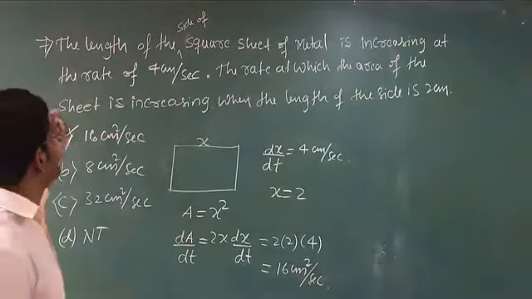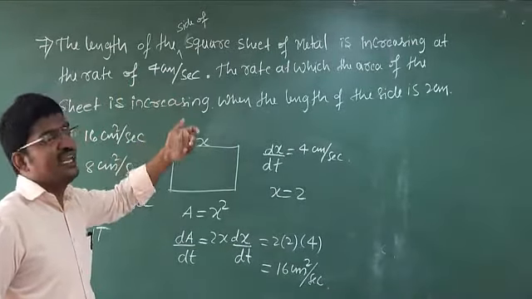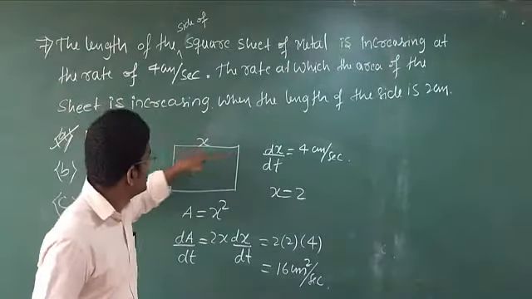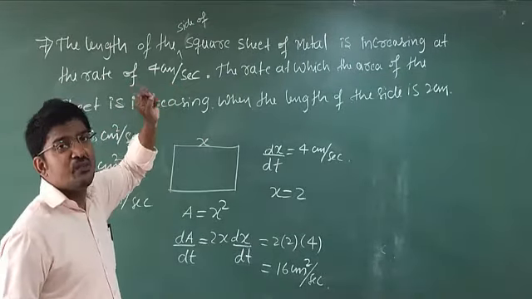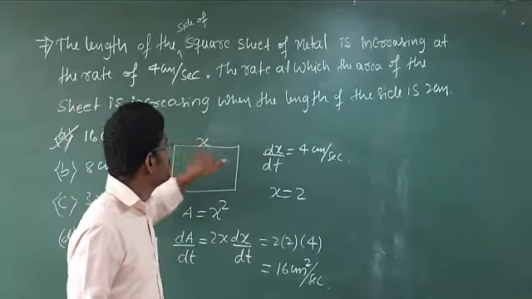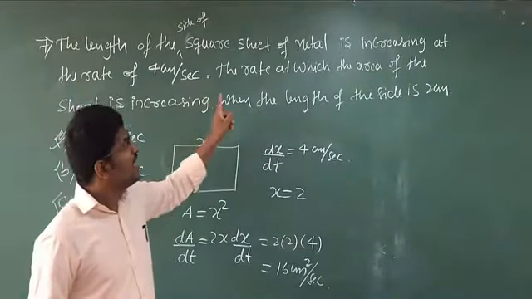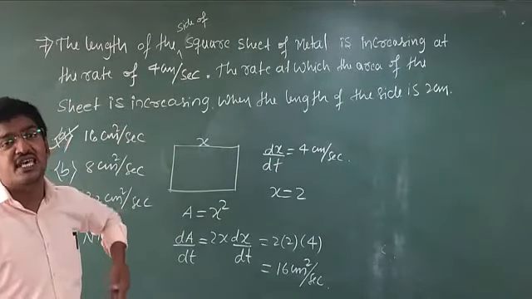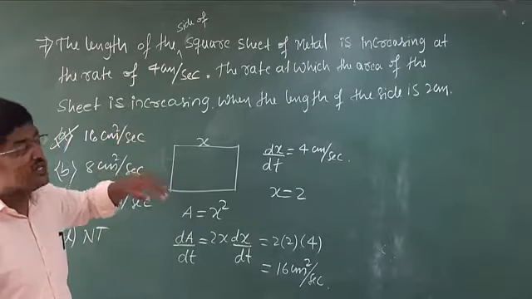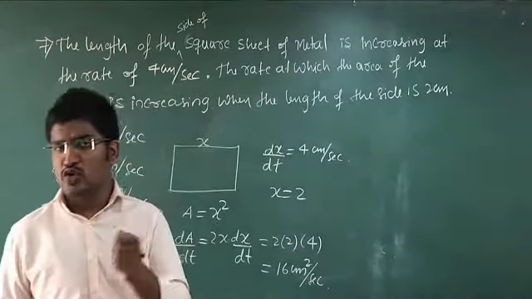So here you have to understand that the length of the side of square sheet of a metal is increasing. This length is increasing at the rate of 4 centimeter per second. That means rate of change of the length is 4 centimeter per second. What they are asking? The rate of change at which the area of sheet is increasing when the length is equal to 2 centimeters.